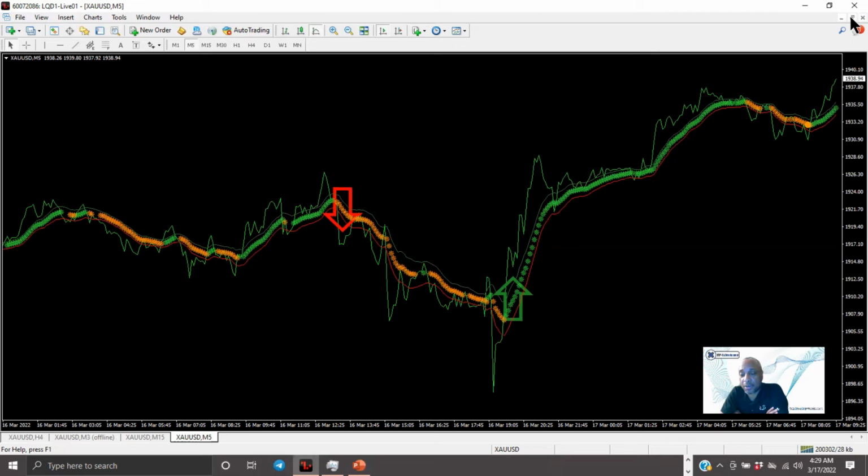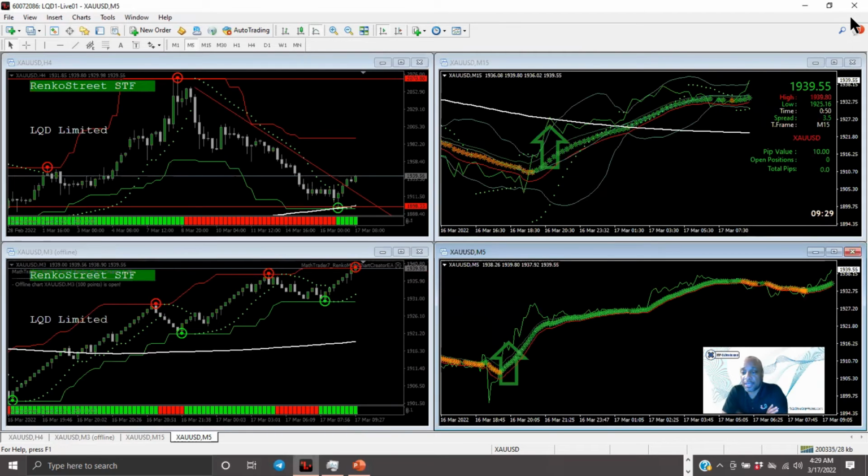But that's part of the education of understanding, number one, having a trading system, having a trading plan that we can leverage, and to know exactly what side of the tape we need to be on.